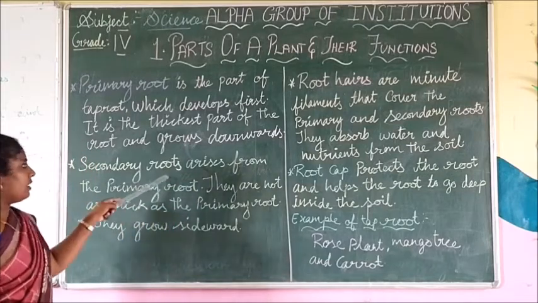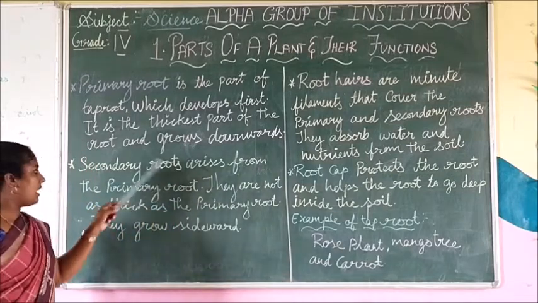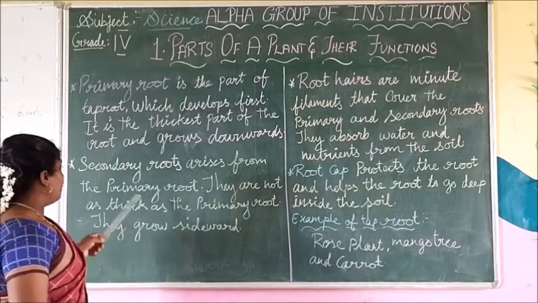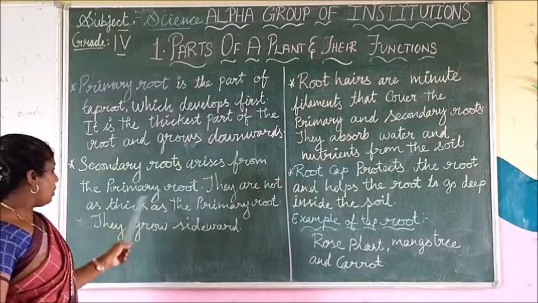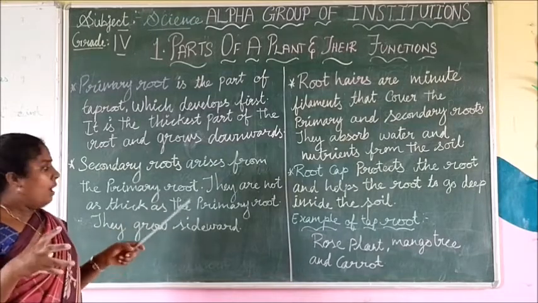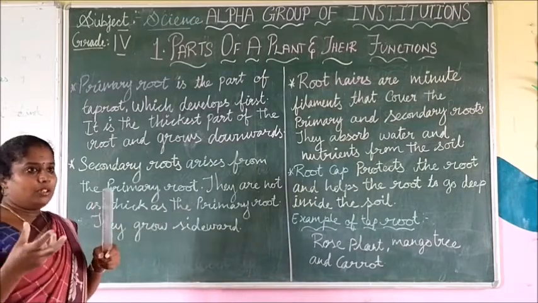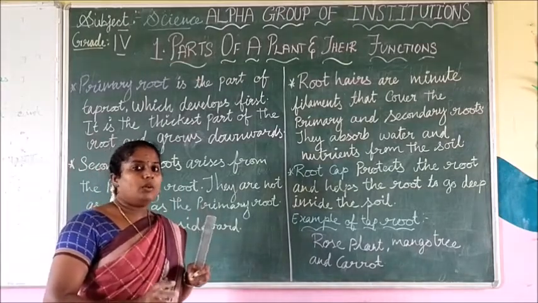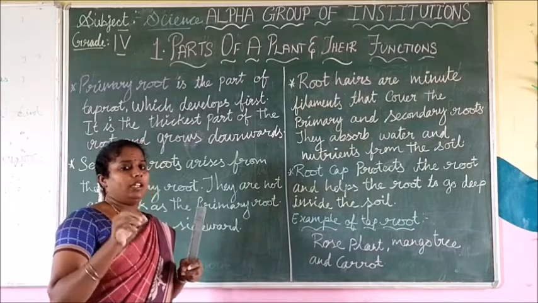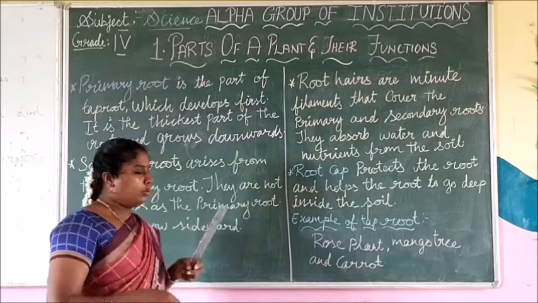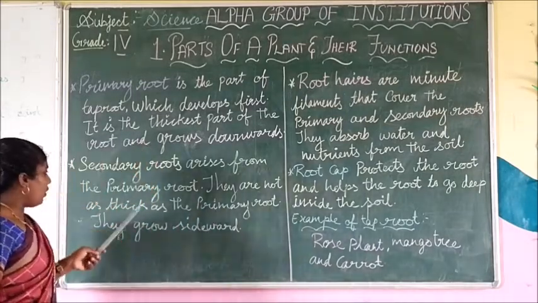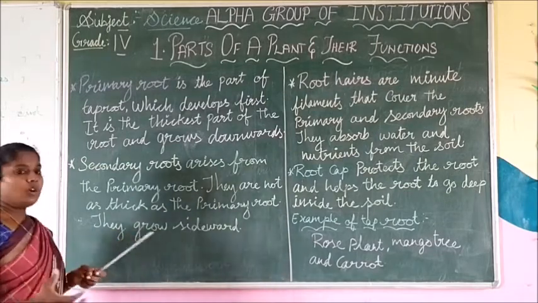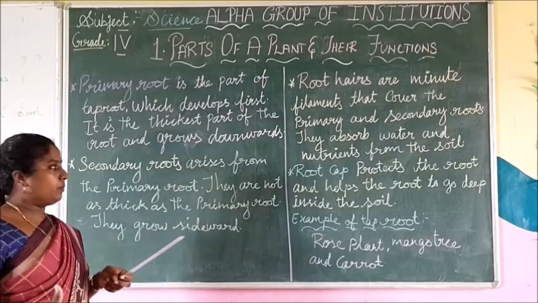Next, secondary roots. Secondary roots arise from the primary root. They are not as thick as the primary root. They will be thin when compared to the primary root. They grow sidewards in the ground.